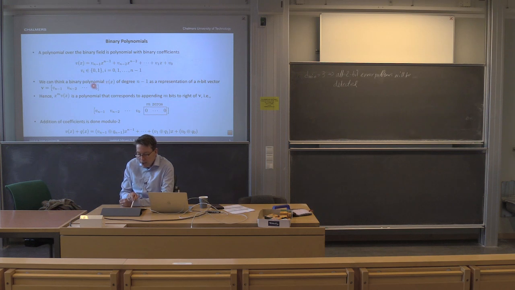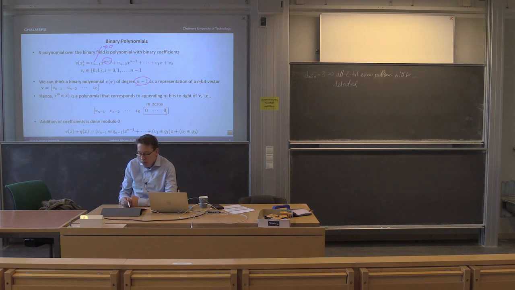We can think of a binary polynomial v of a certain degree n minus 1. So what is the degree? Well, the degree is the highest power where the coefficient is non-zero. So we can think of a polynomial of degree n minus 1 as a representation of an n-bit vector.